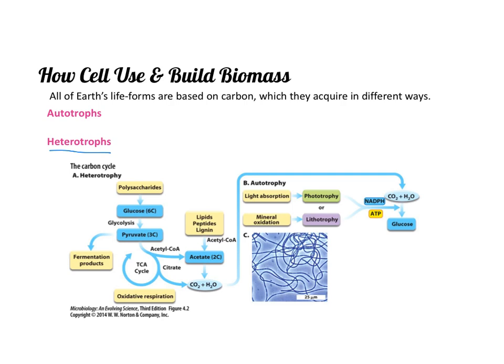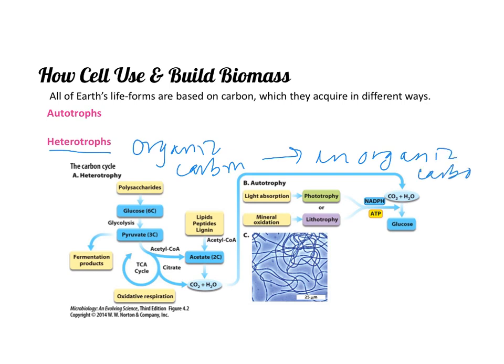So heterotrophs go from organic carbon to inorganic carbon. And again, by inorganic carbon, I mean a carbon that has an oxygen attached to it, and our organic carbon has to have a carbon-hydrogen bond. And heterotrophs go in the opposite direction.